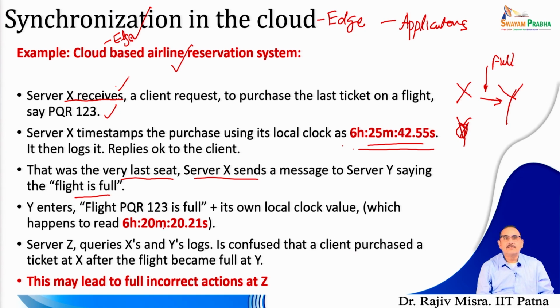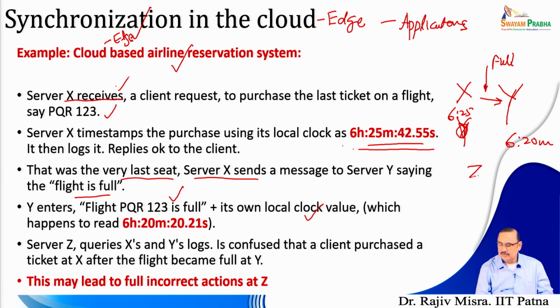Now, Y enters that flight PQR is full, and its own local time was recorded as 6 hours 20 minutes, whereas when the flight was full, that was 6 hours 25 minutes. So, you can see there is a time difference.